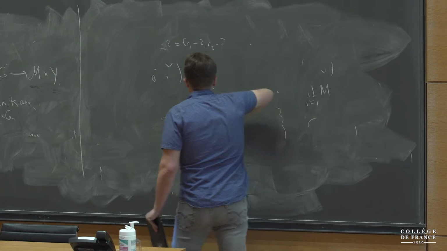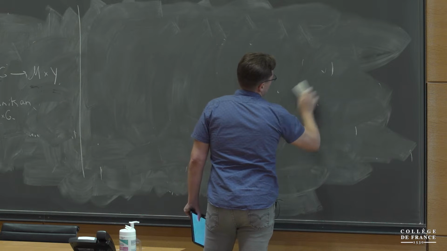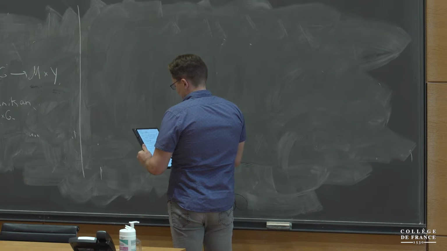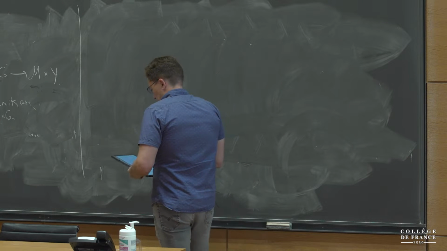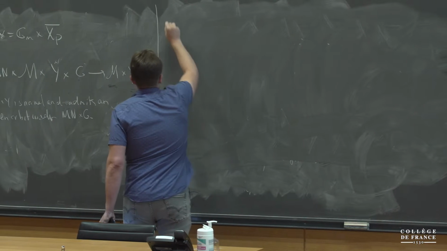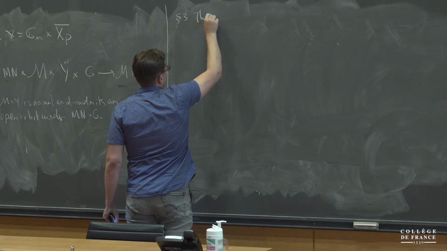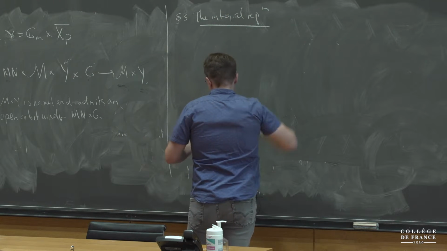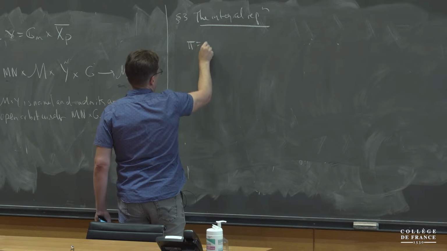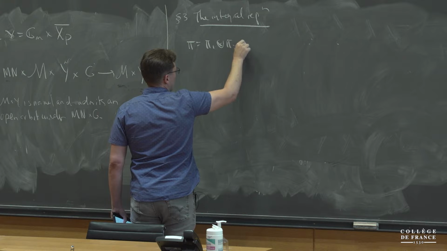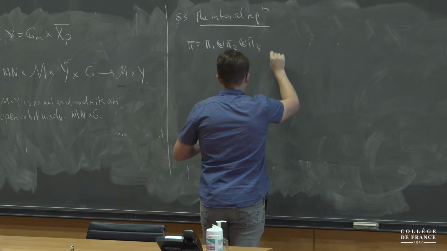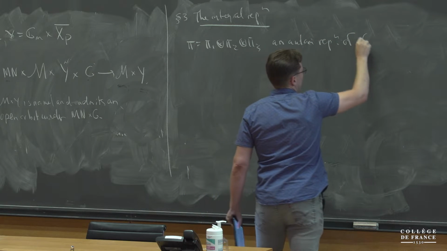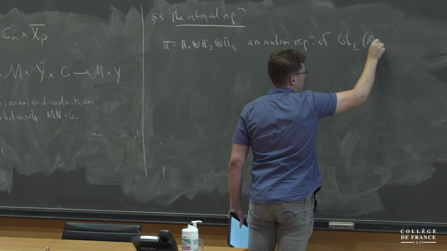Okay, so then what's the integral representation? And I'm just going to take this object and integrate against it. So pi equals pi 1 tensor pi 2 tensor pi 3 is now an automorphic representation of GLR AF.